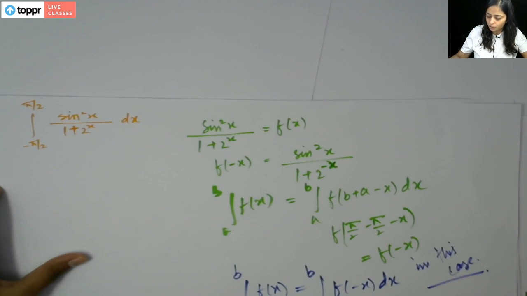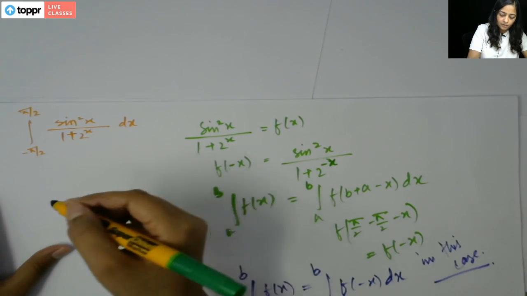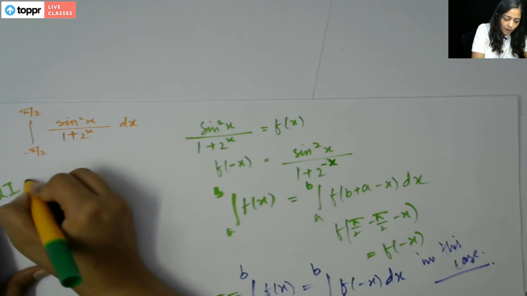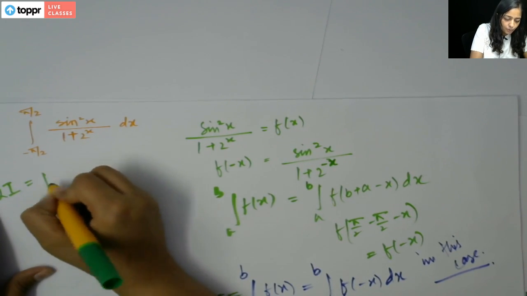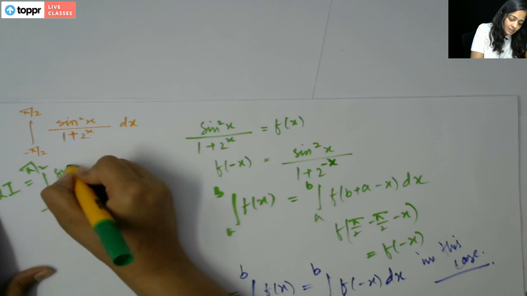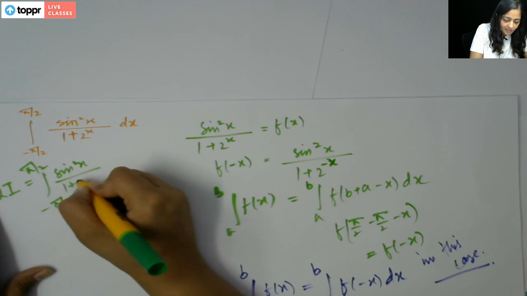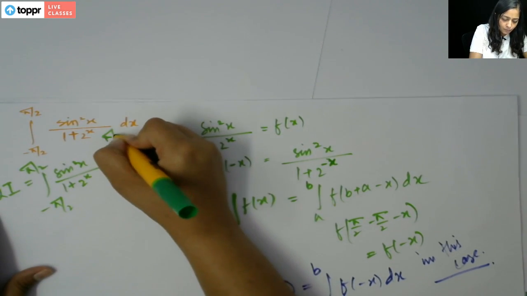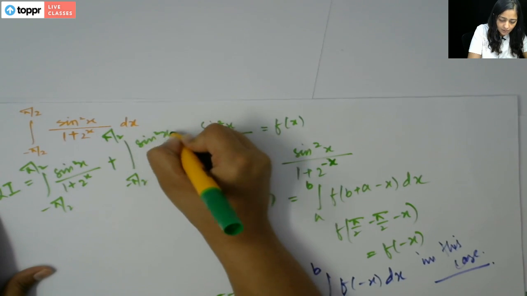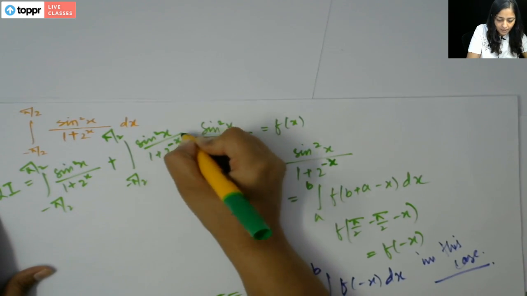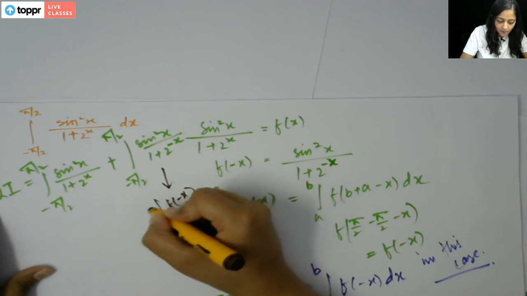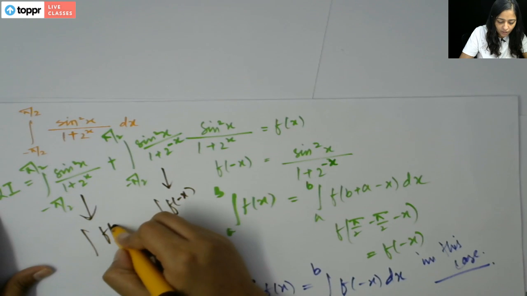Let's say this is equal to I, so we can write 2I is equal to the integral from minus pi by 2 to pi by 2 of sine square x divided by 1 plus 2 raised to the power x, plus the integral from minus pi by 2 to pi by 2 of sine square x divided by 1 plus 2 raised to the power minus x. So this quantity is related to the integration of f of minus x and this is related to the integration of f of x.